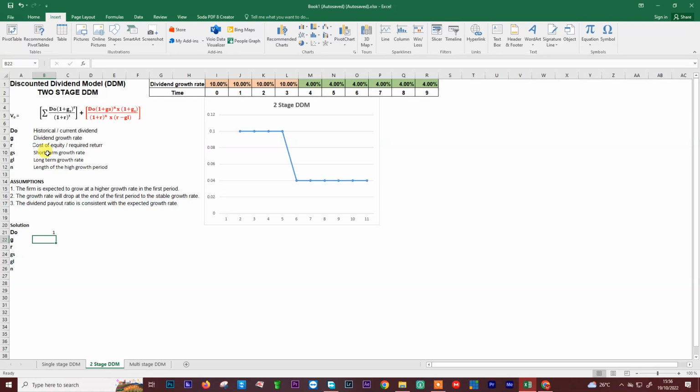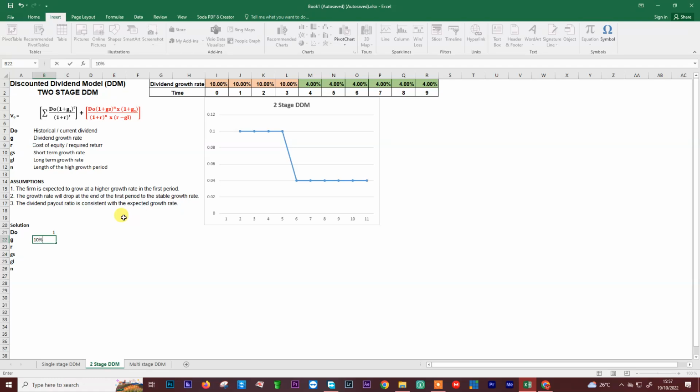Then we've also been given the growth rate for the next 3 years. As you can see, based on our graph right over here, we expect to grow it for 3 periods, and then it declines all of a sudden to say 4% into the foreseeable future. So in the first case, we're saying the forecast growth rate is 10%.